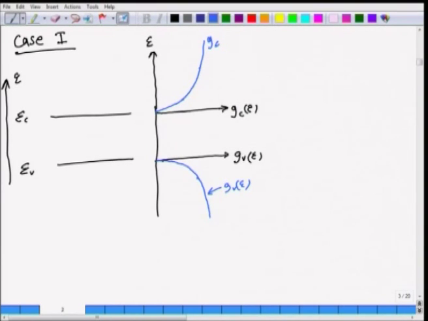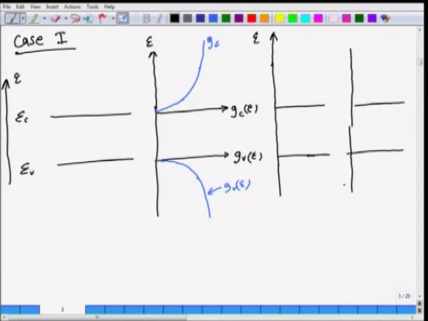Now the third one I want to plot, let's draw this again. There are 4 quantities I need to plot, so I am going to keep all these things here. Again, this is the energy axis, and of course these are the EC levels.